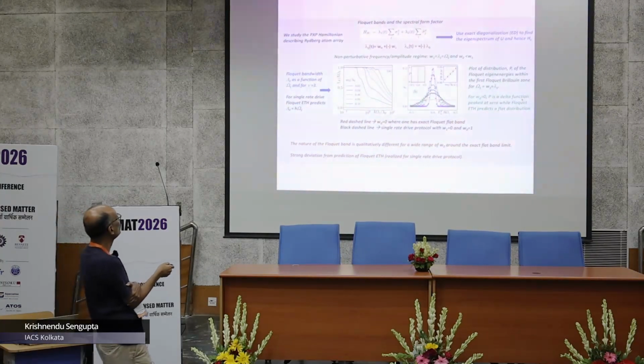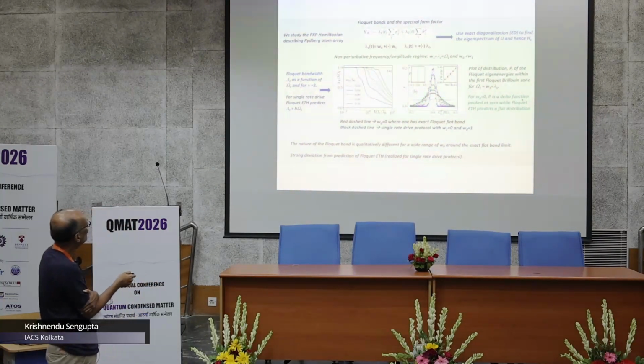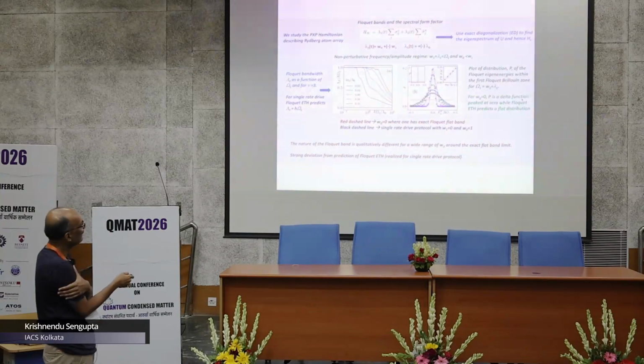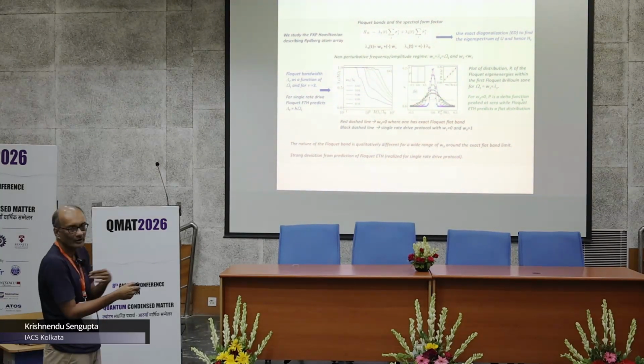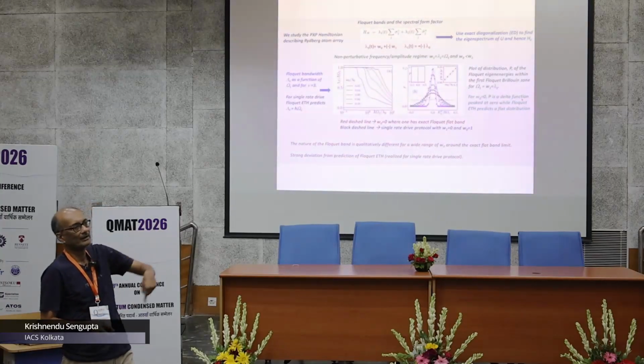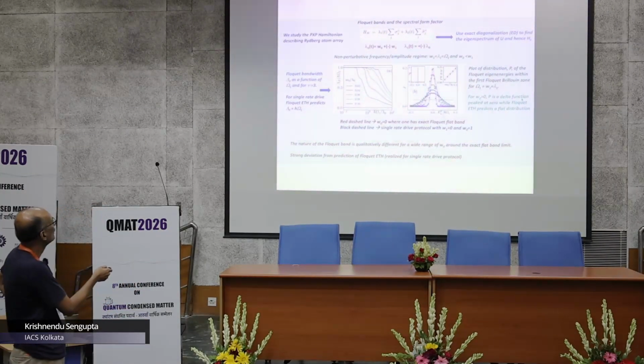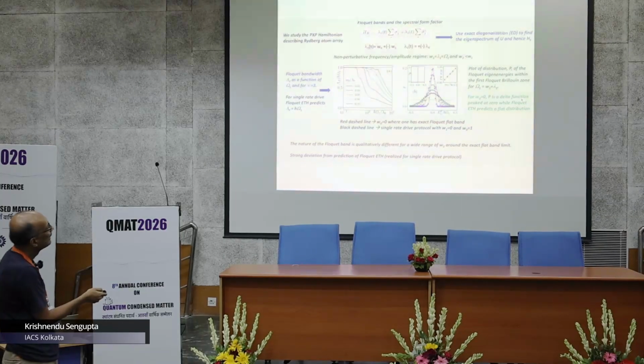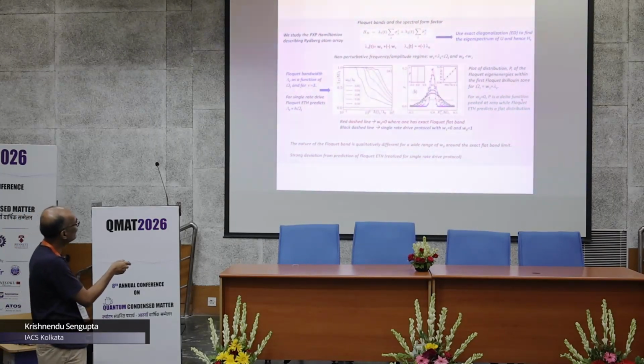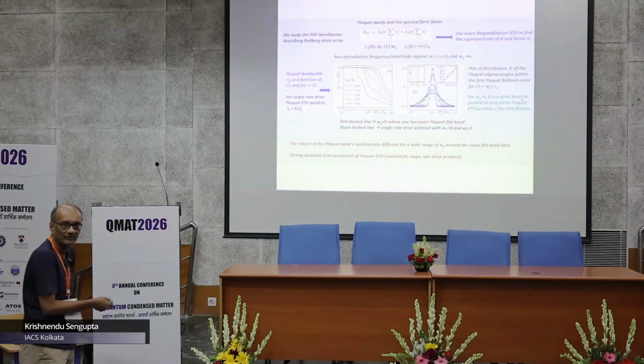So how does the distribution of these eigenvalues look? Of course, if I had a perfect single rate drive, for example, where everything is ergodic, you have a flat distribution of this Floquet eigenvalue, because on a circle they are uniformly distributed. However, here they have a delta function peak, and therefore as I move away by tuning this W naught, you see that the peak essentially flattens, and that's how you go from this completely non-ergodic to an ergodic behavior.